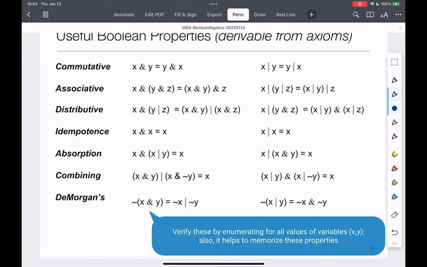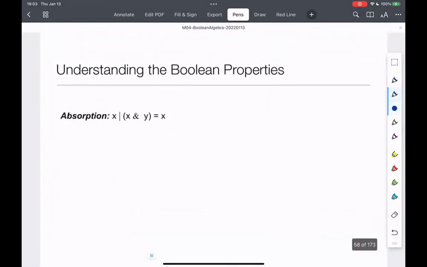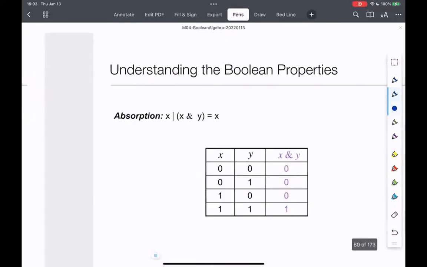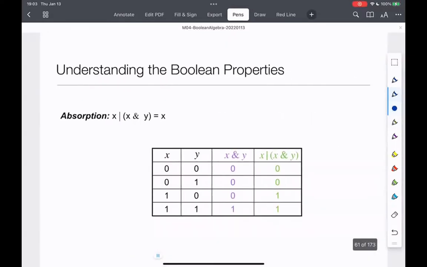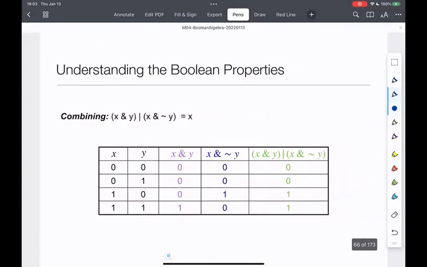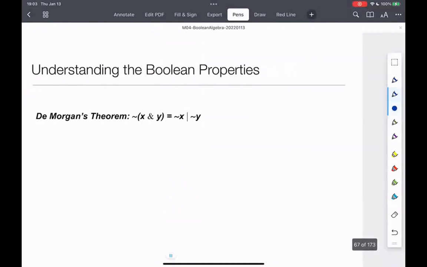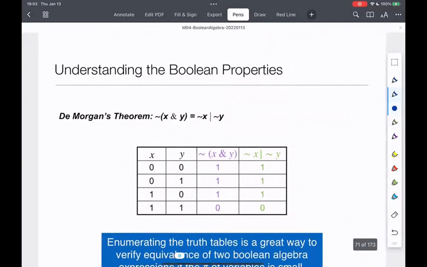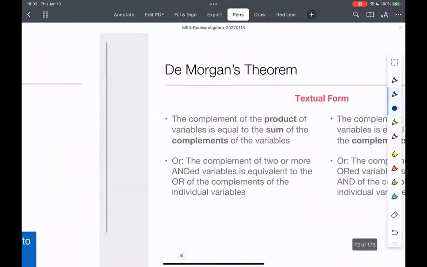It's always fun to try to go from one to the other algebraically, and sometimes we force you to do it. This is just a truth table, so I'm going to skip these. These are just verifying by drawing the truth table, and I'll leave it for you to flip through.